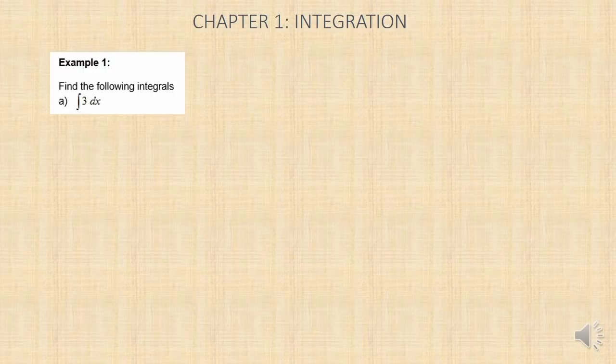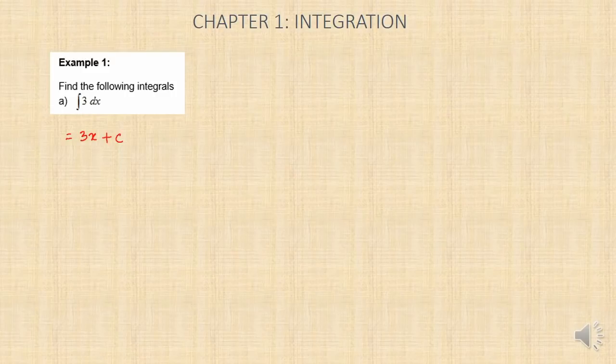Find the following integral. For example A, integral of a constant 3 dx. Okay, to integrate the constant, we have to refer to what the integration is with respect to. So this integration is with respect to dx. So the answer is we just put the x and don't forget plus c.